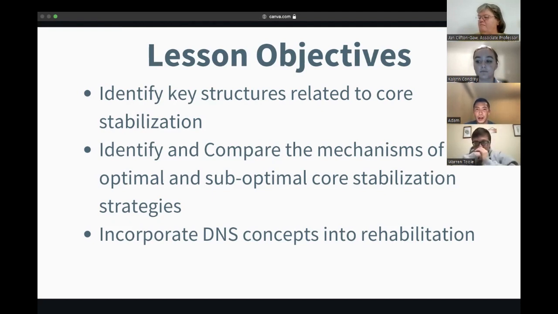Here's what I put: optimal and suboptimal. It doesn't mean they're not strong, but the way they stabilize their core is not efficient, or it can lead to injuries, low back pain, or chronic injuries. The third one is my hope that we can use some of these concepts tomorrow in our clinical practice, into our rehab, into our exercise programming.